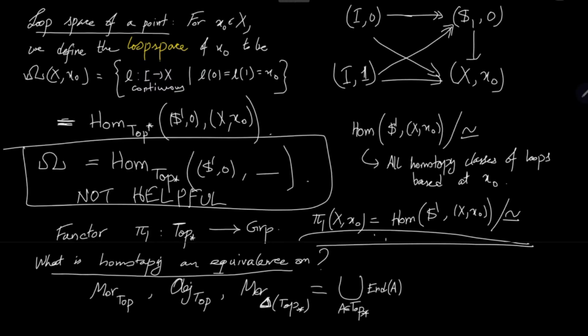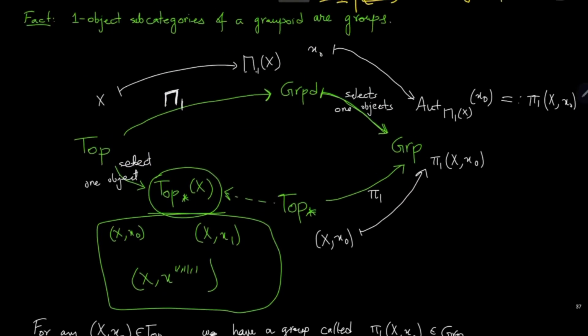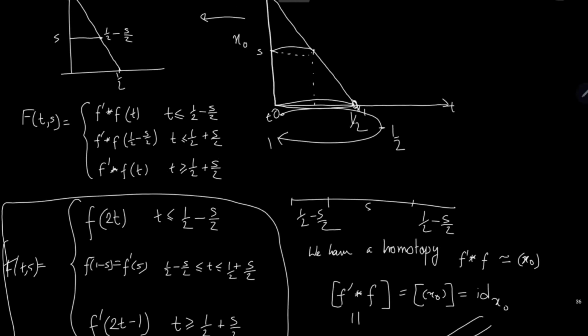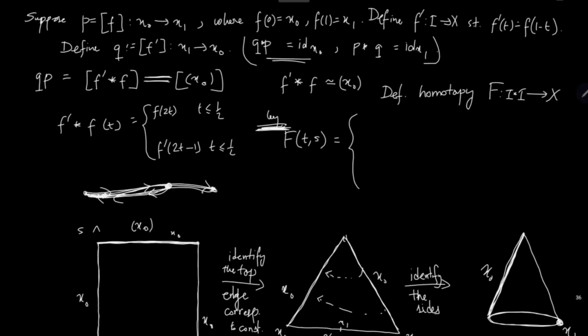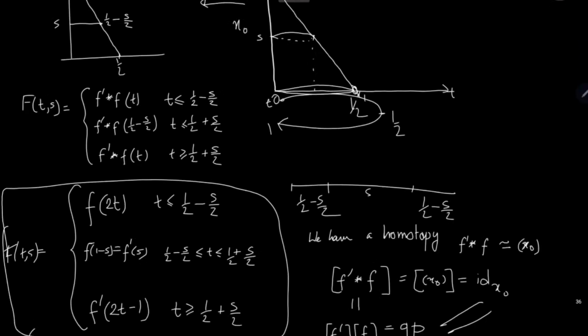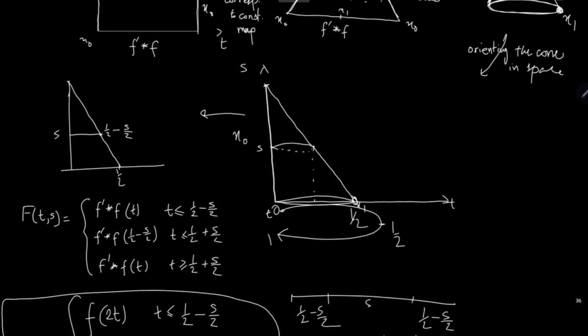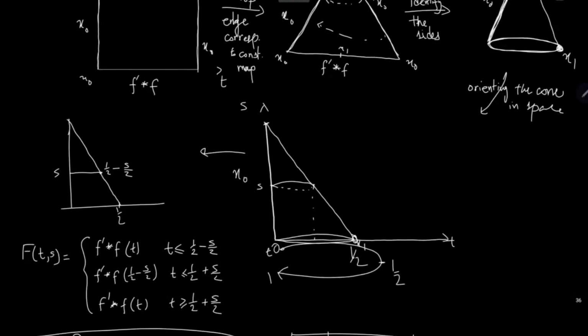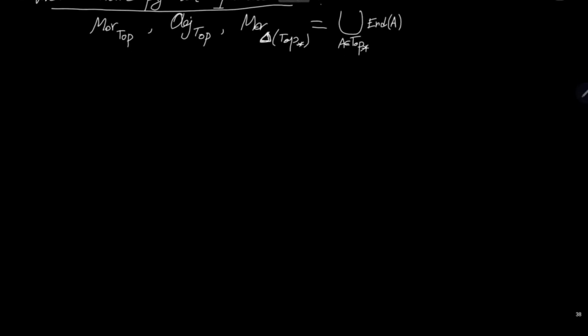But if you just keep the amount of machinery to a bare minimum, you just form the quotient, you just take the equivalence classes of all maps, or just the homotopy of paths. If you just consider the homotopy of paths, then it is easy to see that you can incorporate various ideas such as connectedness and compactness into this business.